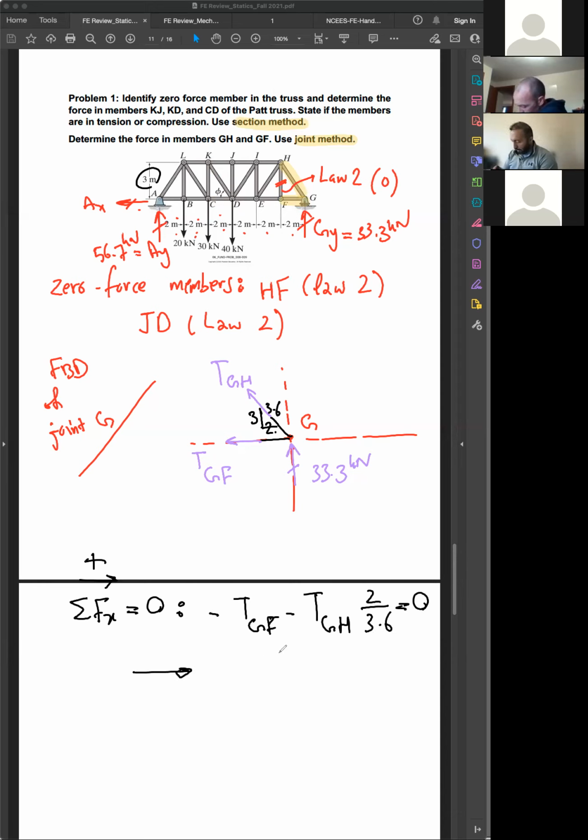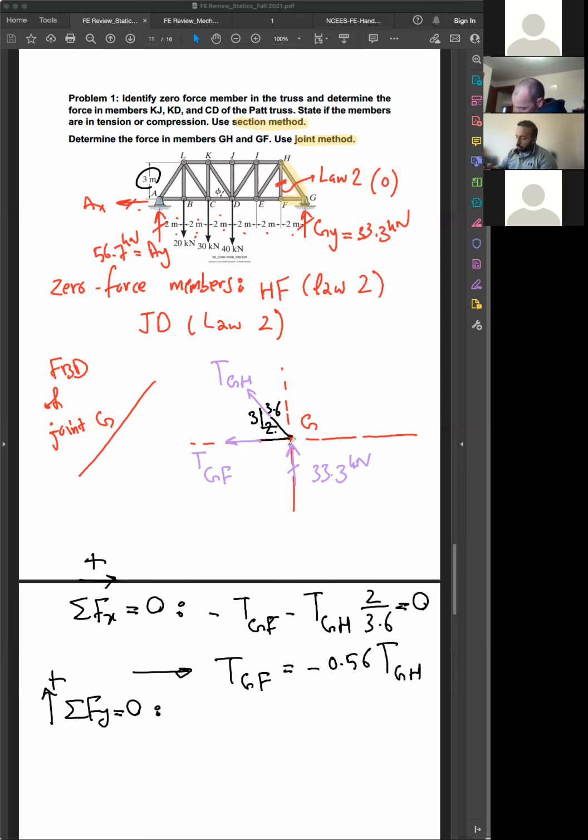From this, you can say TGF is equal to, so 2 over 3.6 would be 0.56. So you can say this equal to negative 0.56 TGH, all right?